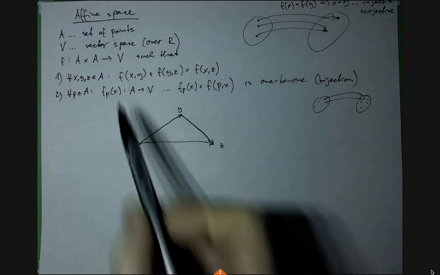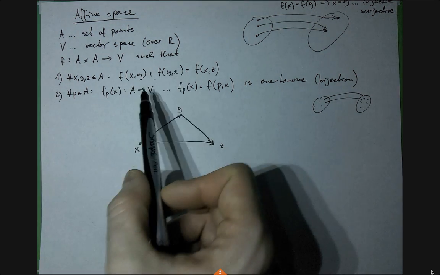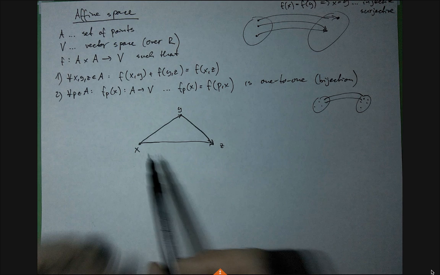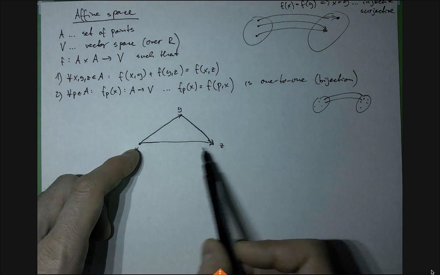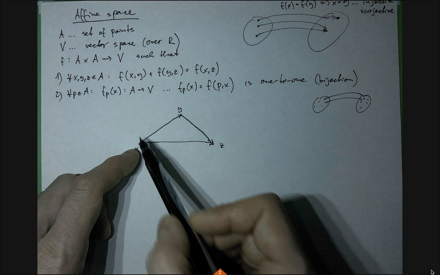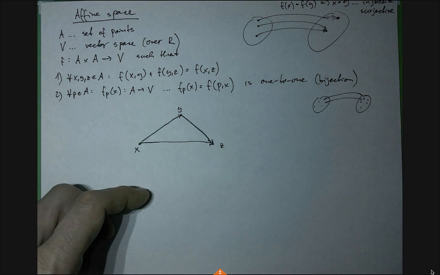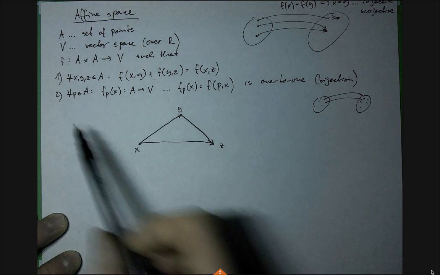Or in other words, the vectors I'm producing sum as you would expect from vectors, or the vector which I get from points x to z is the same as if I go through some middle point y. Okay, so that's number one.